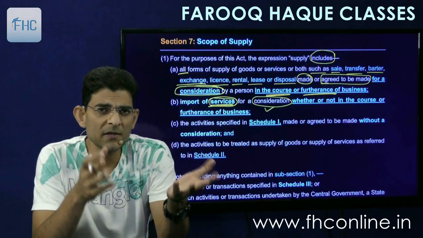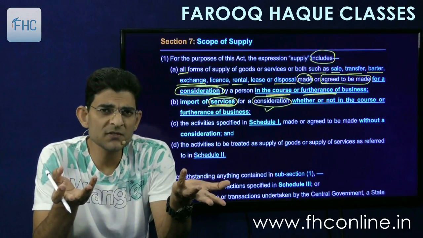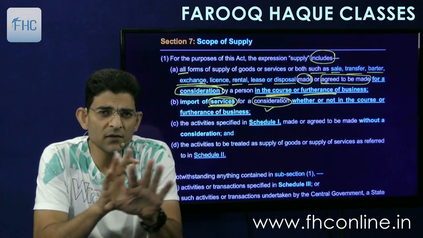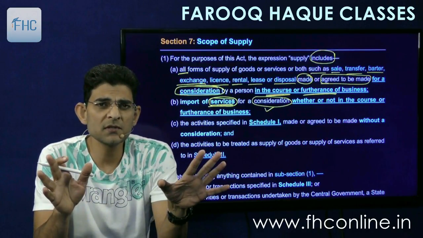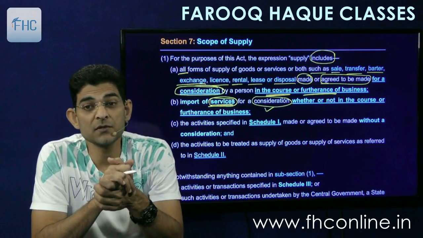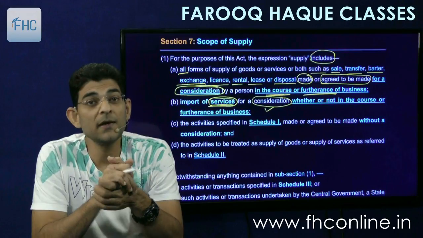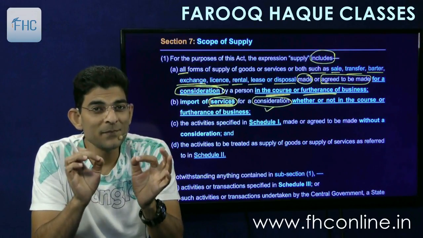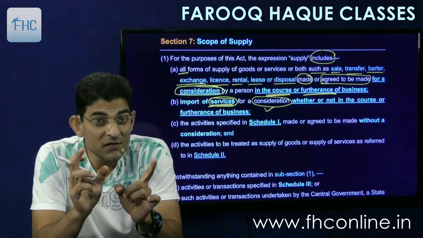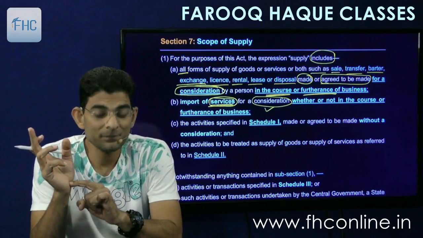Is the architect supplying service to me in the course of my business? No, it is for my residential house. There is nothing business there. Still this import of service will be called as supply, just because I paid $2 lakh as fees to that architect.